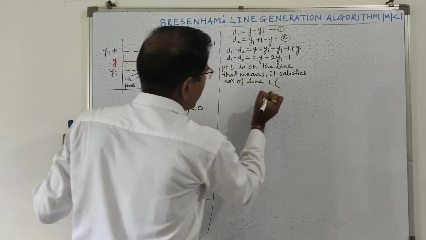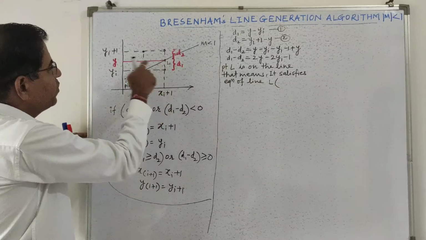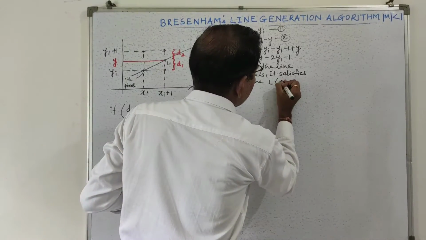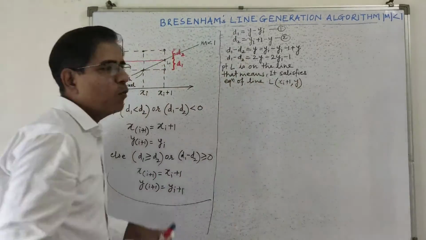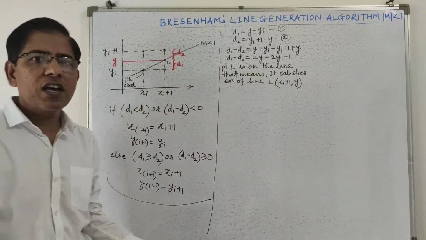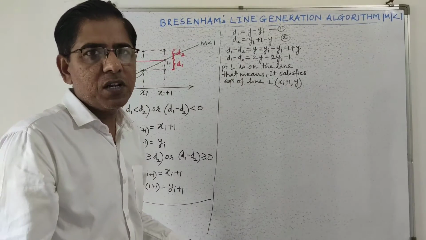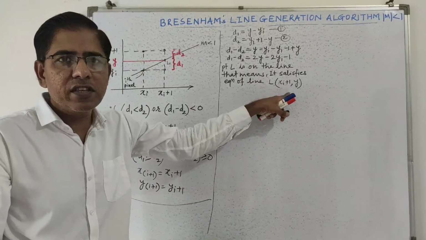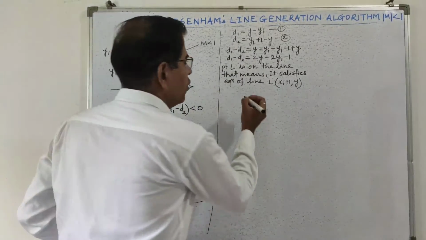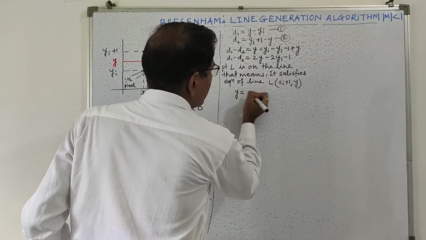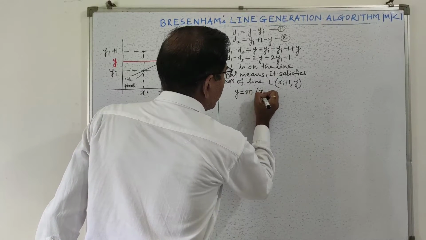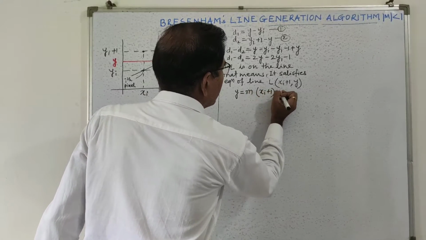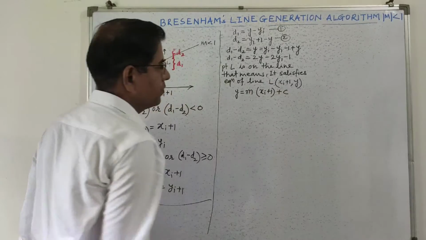So what are the coordinates of L? It is xi plus 1 comma y. So this L point is on the line. That means it satisfies the equation of line y equal to mx plus c. Now we will put the coordinates of this L into the equation of line. So y is equal to m times xi plus 1 plus c.